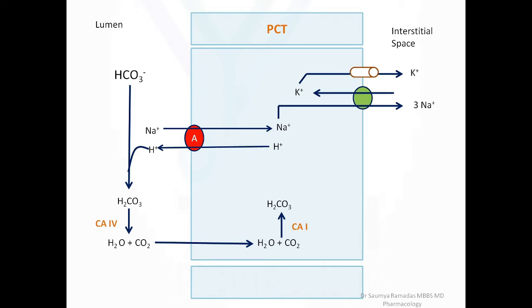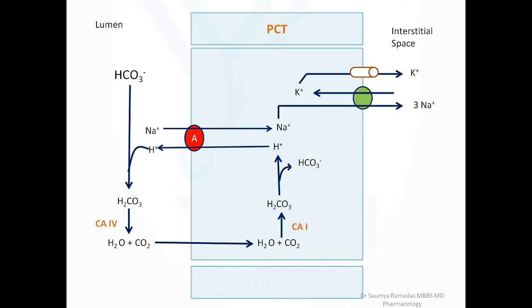The carbonic acid inside the proximal tubular cell quickly decomposes into H+ and bicarbonate, because the H+ concentration in the tubular cell is kept low due to the activity of sodium-hydrogen antiport.